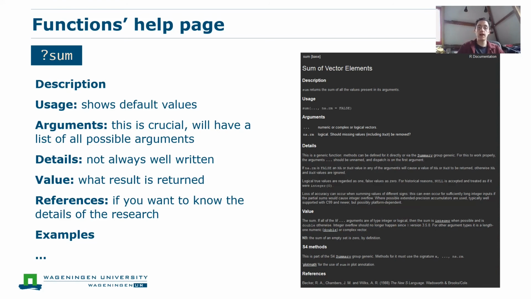Then you have the value section, and value describes what output you can expect from the function. Sometimes that is an image, sometimes that is a set of numbers, or some more complicated value. And then you have other sections like references or examples that can further help you understand a function.